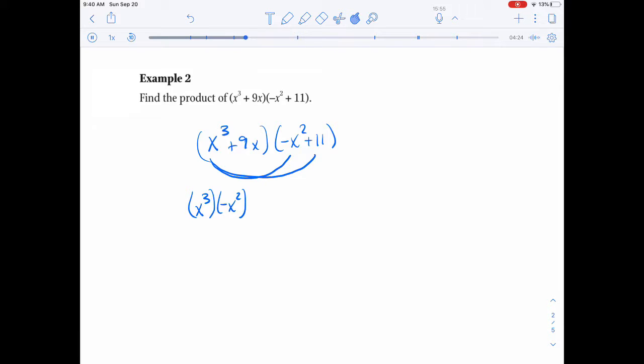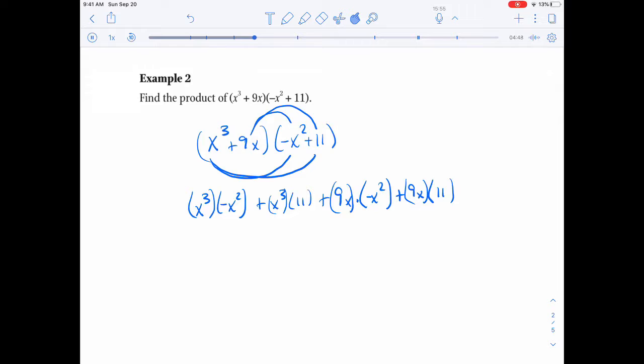Let's add that to x cubed distributed to the 11. And then add that to 9x distributed to a negative x squared. And add that to a positive 9x multiplied by 11.